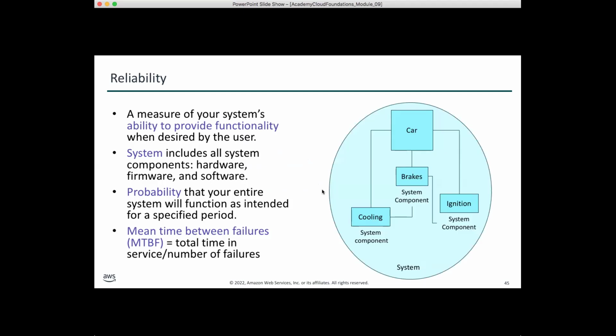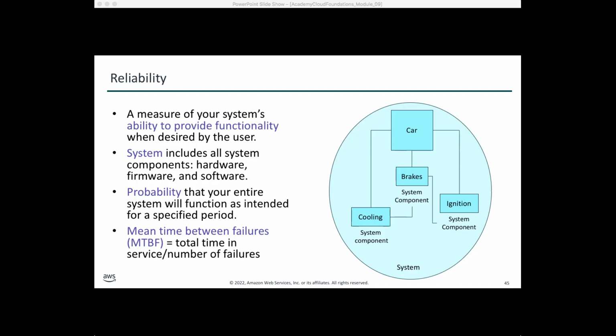Reliability is basically a measure of our system's ability to function, or to provide functionality, when desired by the user. Because of the principle, the quote we just looked at, everything fails all the time, we should think of reliability in statistical terms.